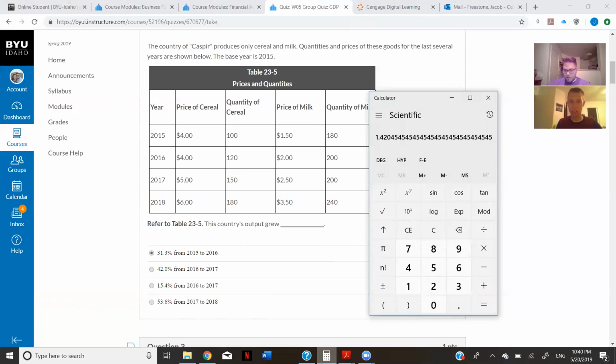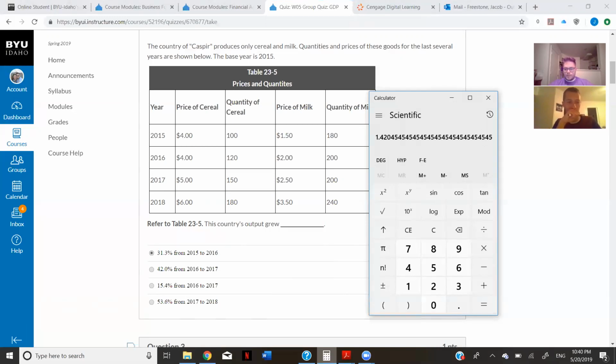So I think it could be A or B. Because C and D, the numbers aren't right. Those are for sure not right. Because C is still the 15.4. That's the same as what should have been B, but for B I'm getting 1.420.